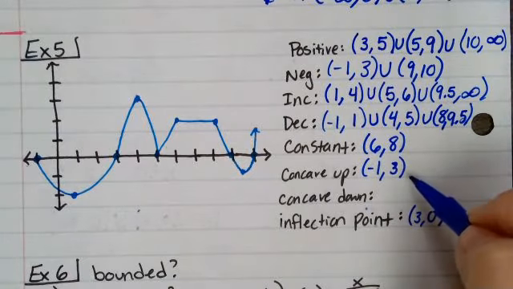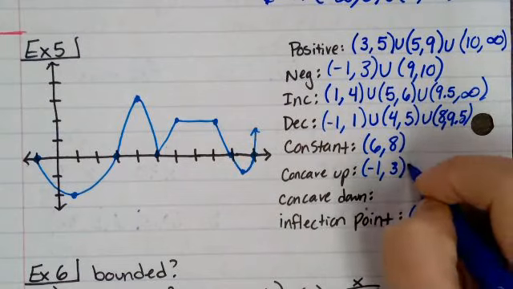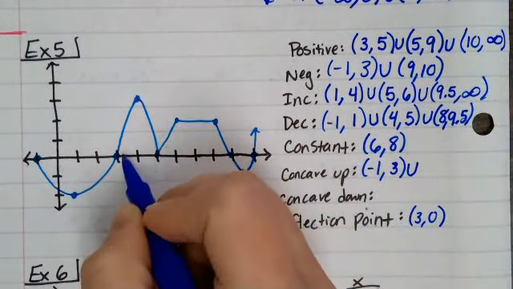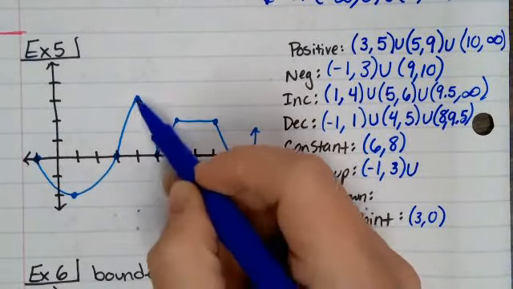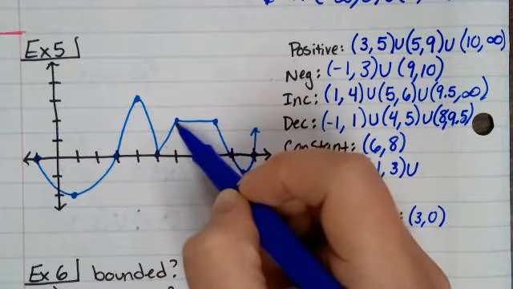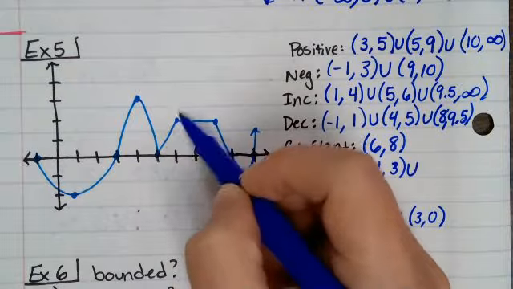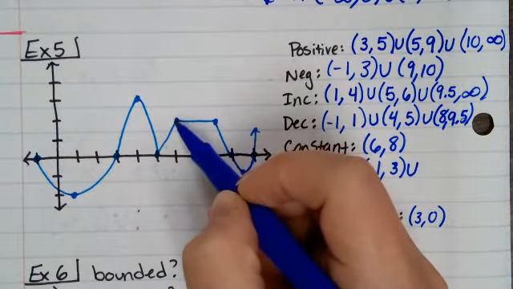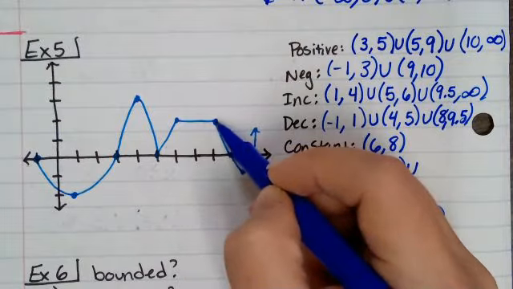All right, again, I'm looking at my concave up. Well, it was concave up from -1 to 3. Then this was not really concave up. It didn't curve. This is a sharp uptick. That is a line. That is not a curve. So that's not concave. Okay? Then it is constant. Again, that's not concave.